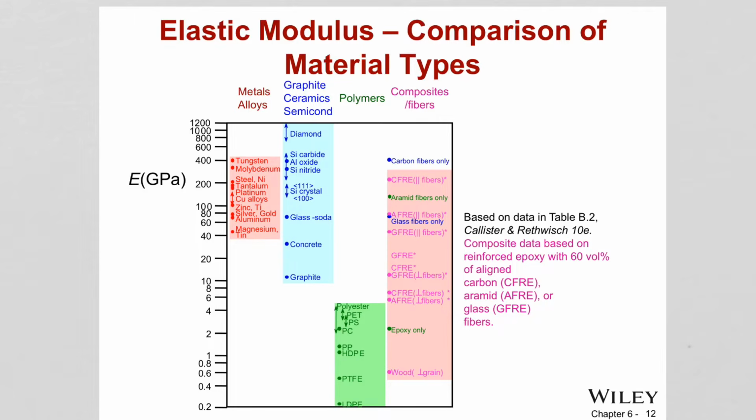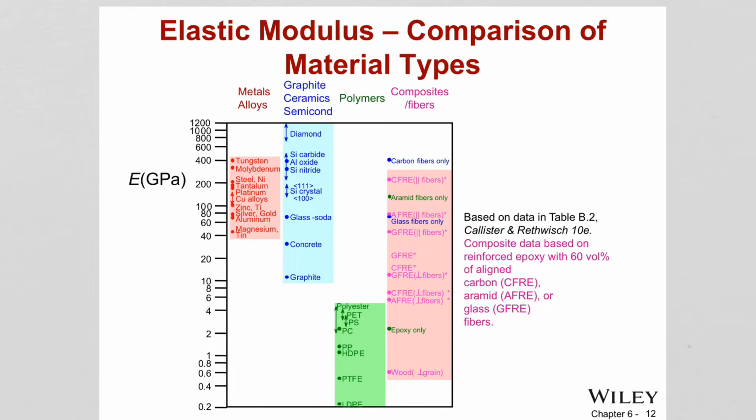Therefore, the highest modulus materials are ceramics, graphite, semiconductors, shown with the blue here, like diamond, very strong materials. Ceramics have ionic and covalent bonding, and of course it is very difficult to deform those materials elastically, right? Think about trying to stretch diamond, how possible is that? That means they are very stiff materials, so the modulus for those is very high.